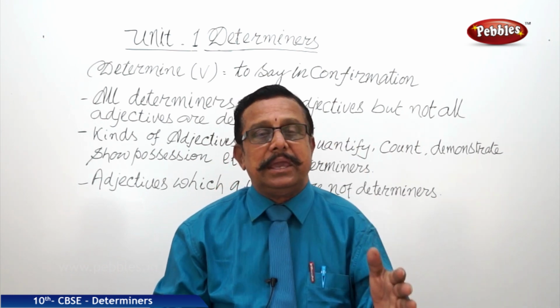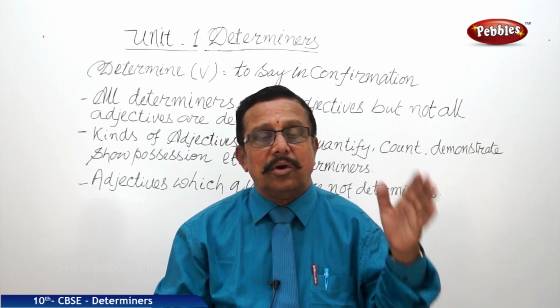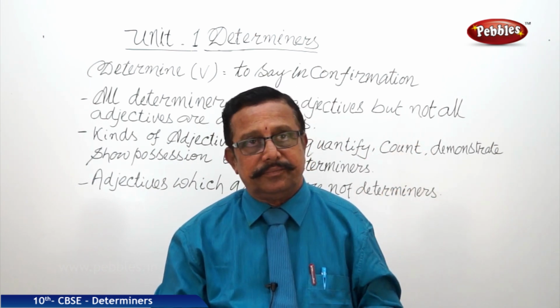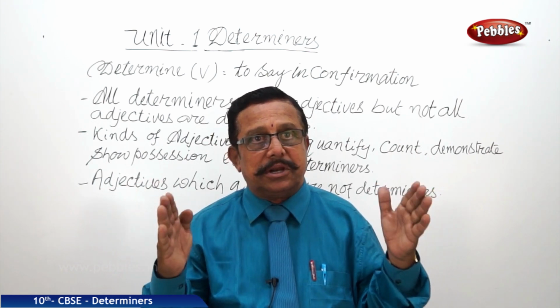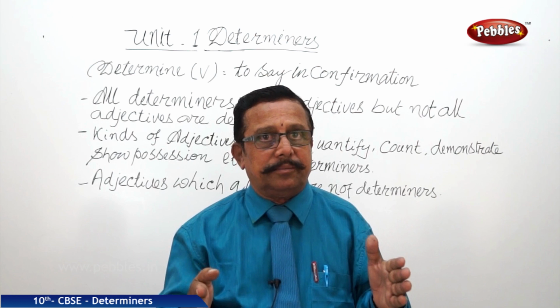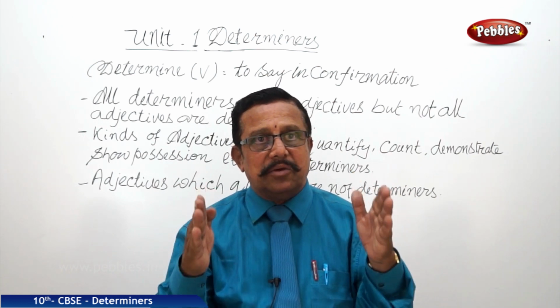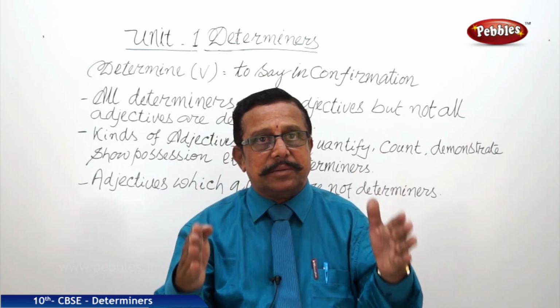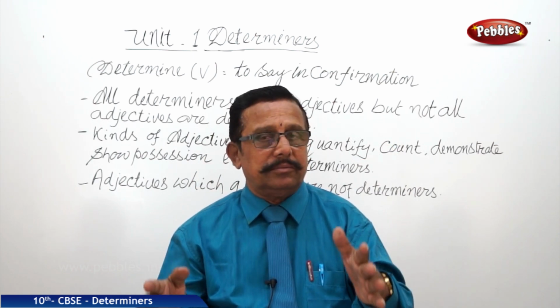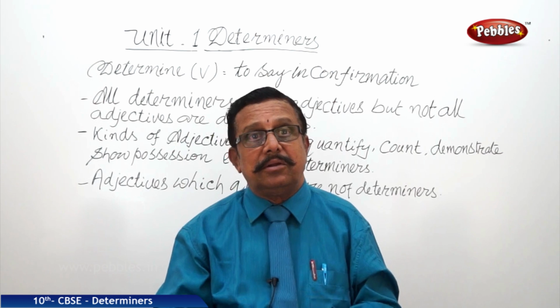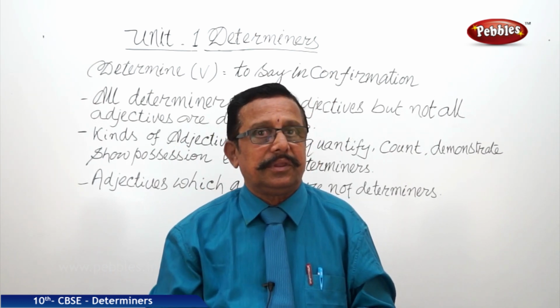They have to be in front of the noun which they quantify. Now we have a picture. What is a determiner? A determiner is a word which tells something in confirmation about a noun. What is in confirmation? Fixing it.